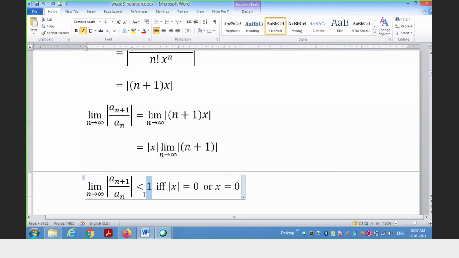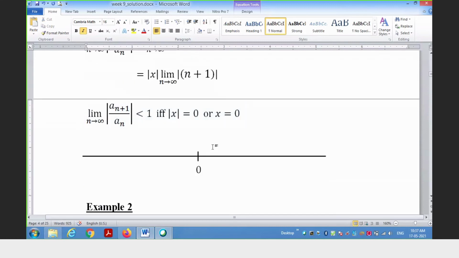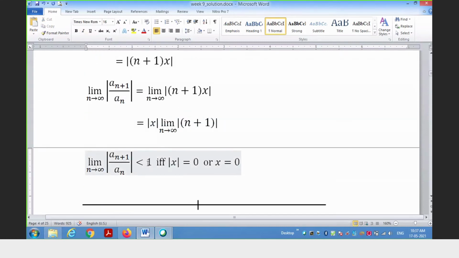Okay. So the series converges if this limit is less than 1. You know that as n goes to infinity, this term will be a very huge number. So this will go to 1 if and only if the x value is equal to 0.